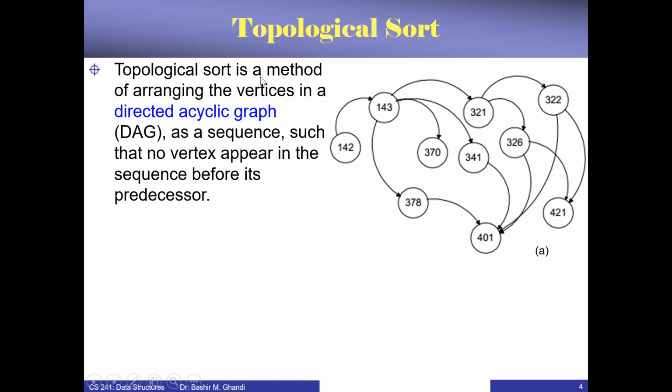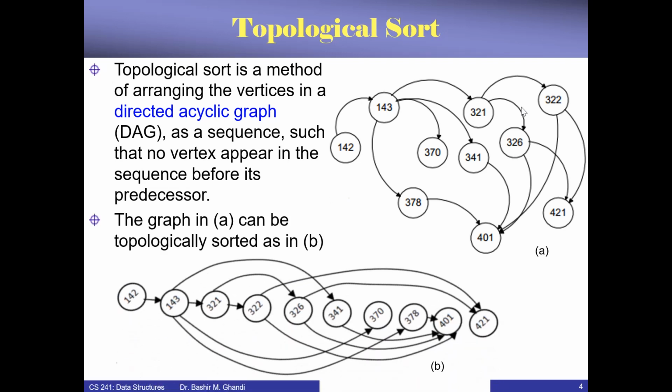Okay, so topological sort is a method of arranging the vertices in this type of graph as a sequence such that no vertex appears in the list or in the sequence before its predecessor. So the predecessor vertices will always appear first before the successor vertices.